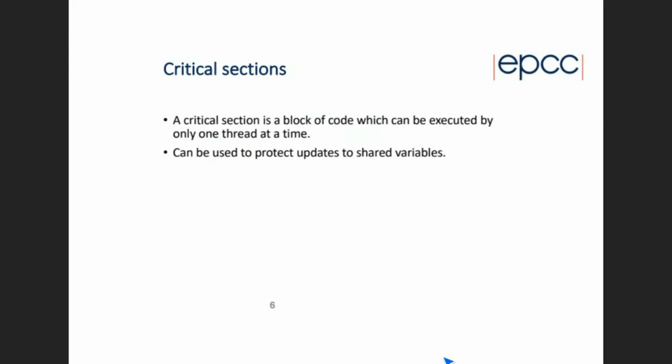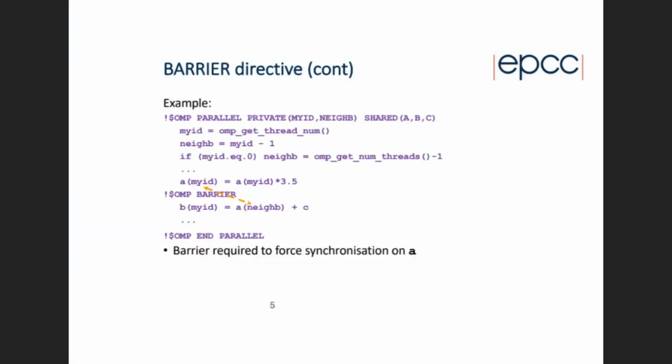Andrew? Yeah, so can you just flip back to the previous slide? Sure. Okay, so are we making the assumption here that these threads are ordered for this example? Well, I've written the program to construct an order here.